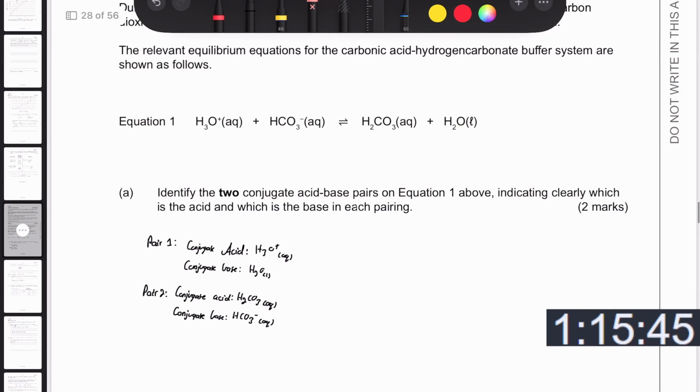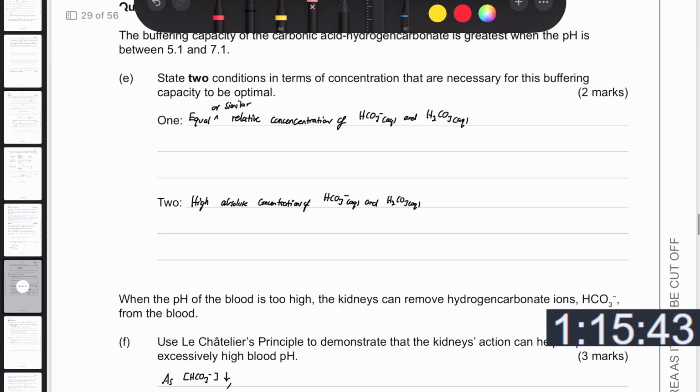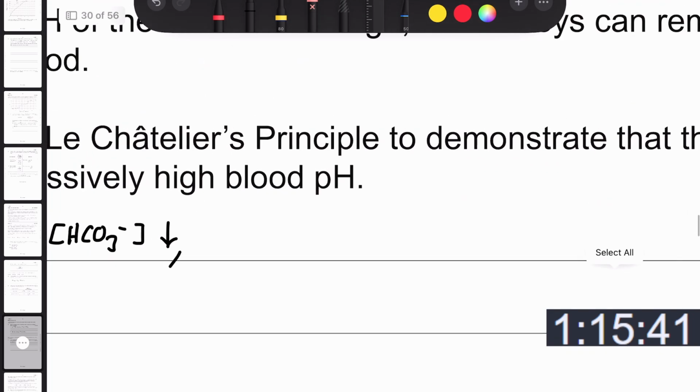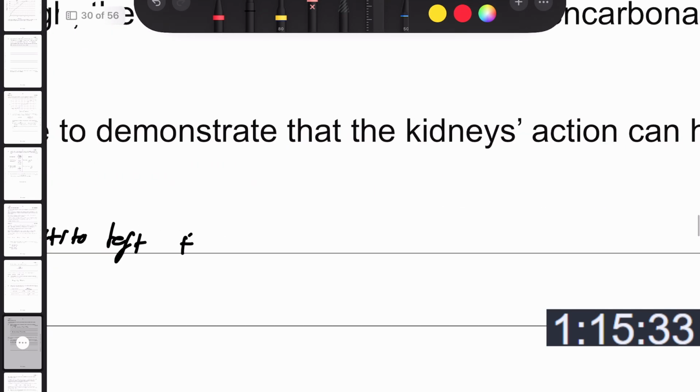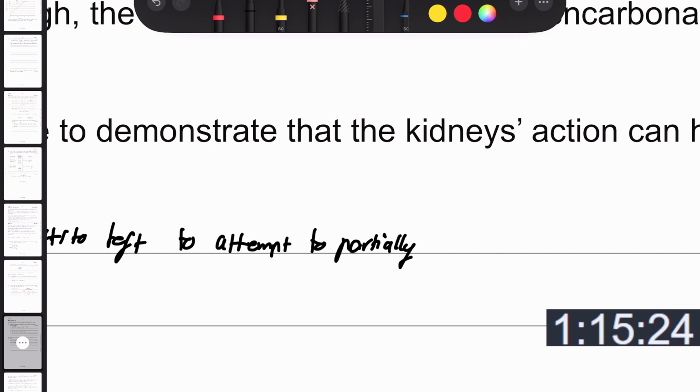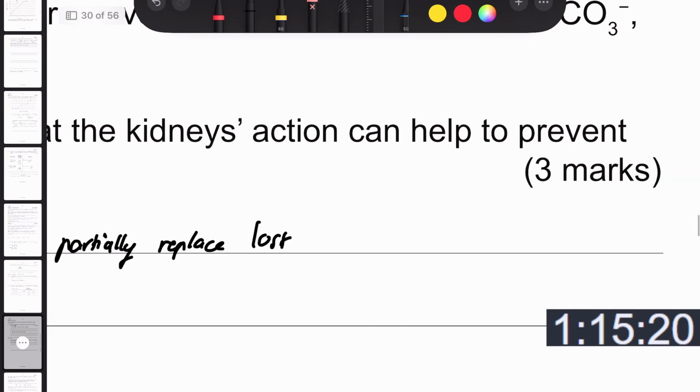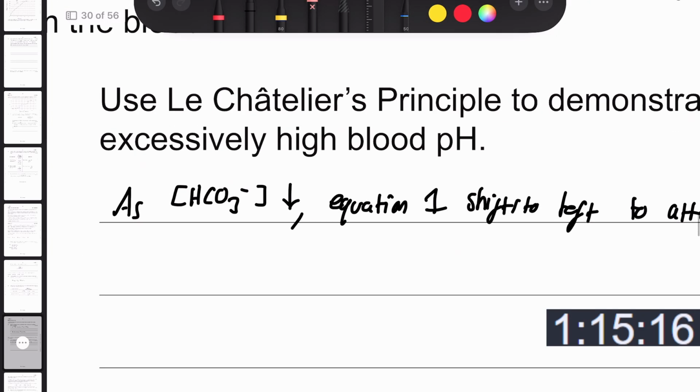Equation 1 shifts to the left to attempt to partially replace lost HCO3 minus.